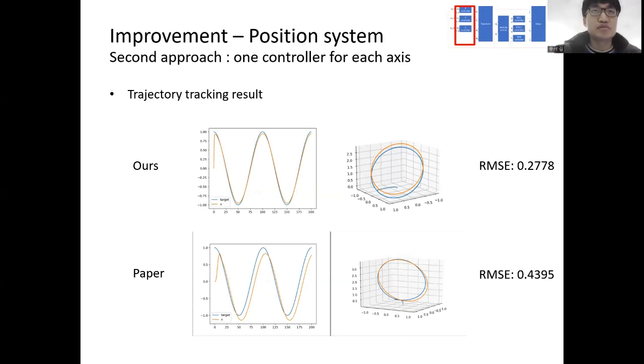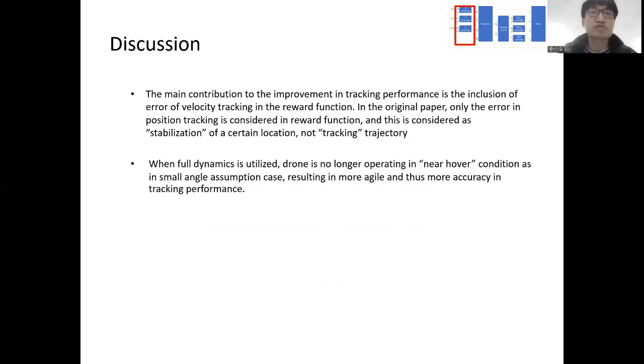You can see the first row is the result of our approach, and the RMSE was 0.2778, and the RMSE of the method of the original paper was 0.4395. And you can see our second approach also has less RMSE.